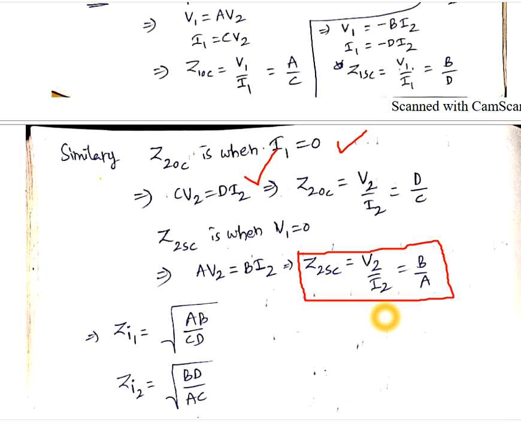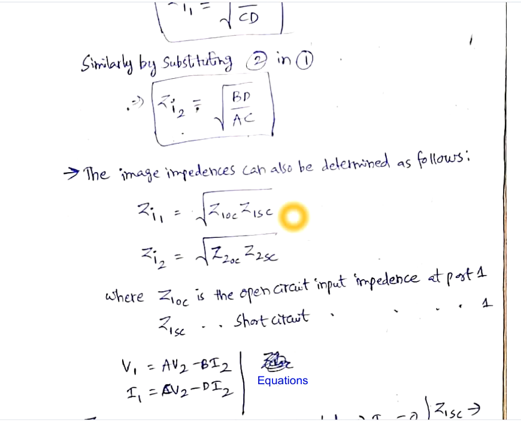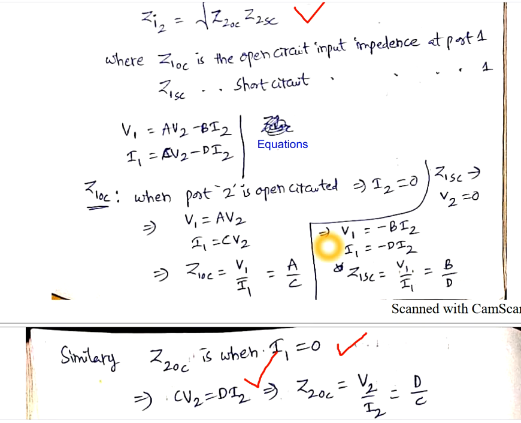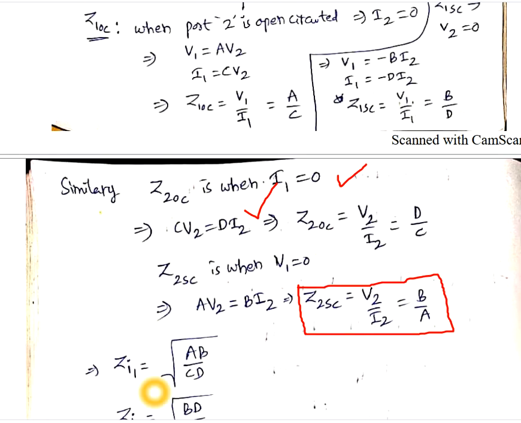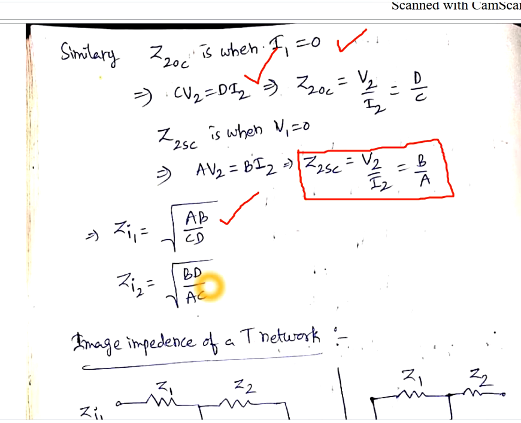Fine. Now we will substitute the respective values here in Zi1 and Zi2. So Zi1 is nothing but square root of Z1OC into Z1SC. That means A by C into B by D. So that is shown here, square root of A by C into B by D, whereas Zi2 is square root of BD by AC. Right.